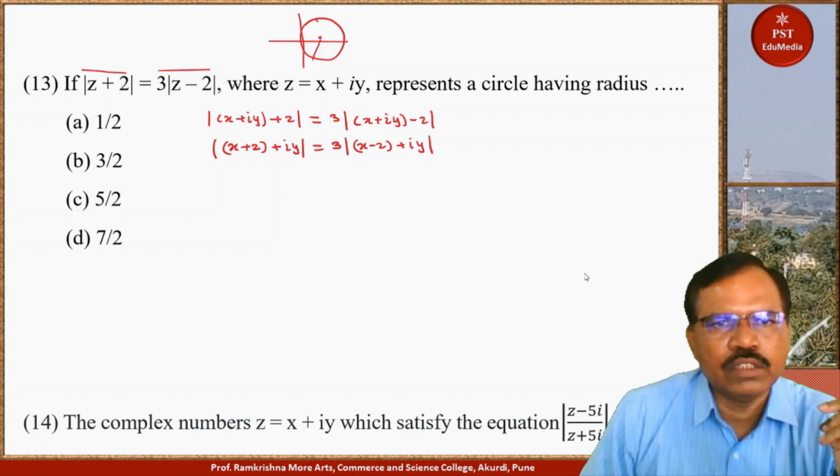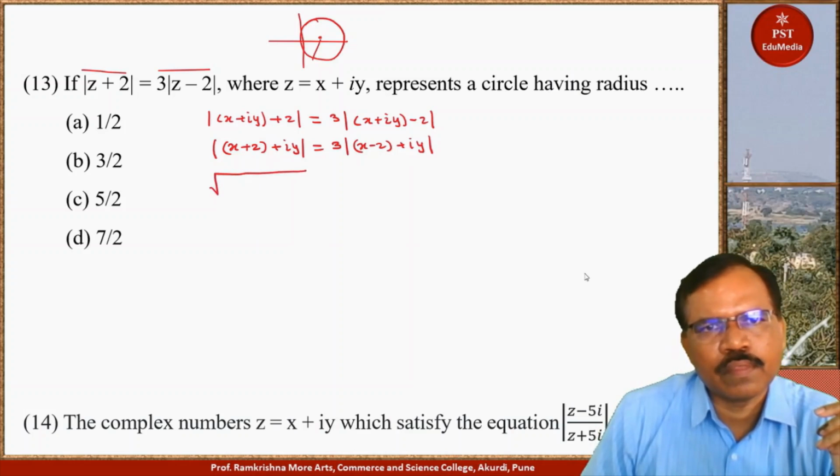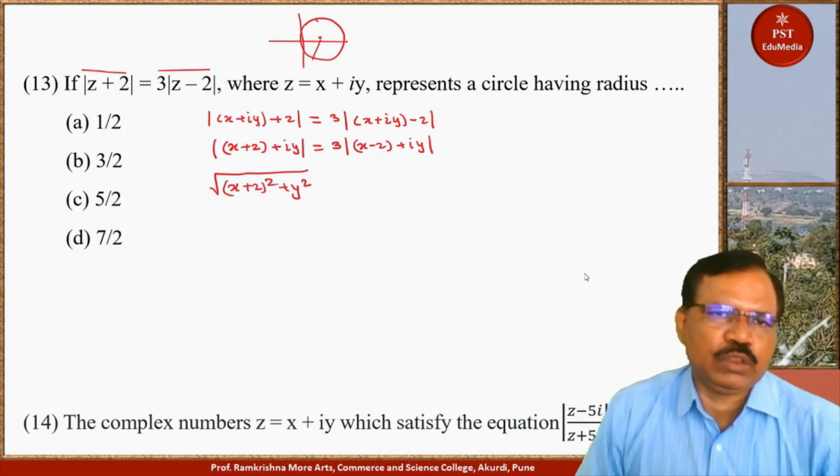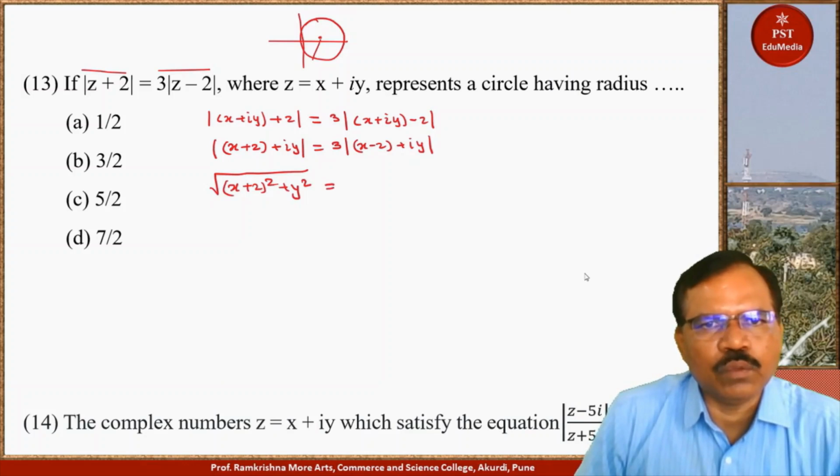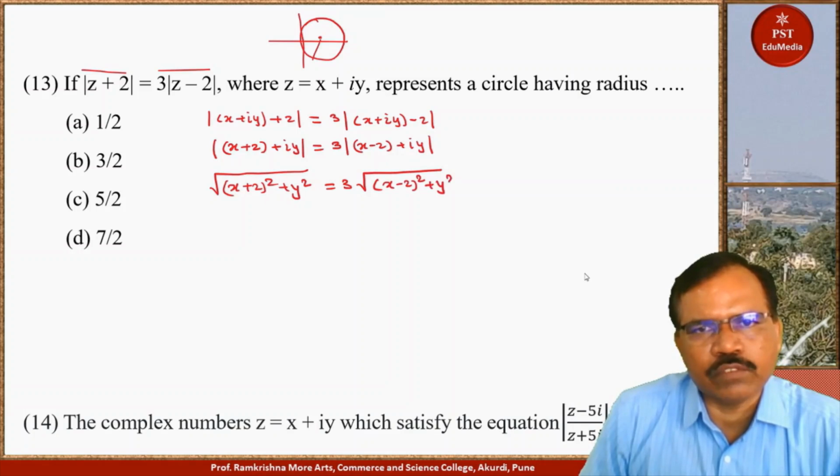So you will get here square root of x plus 2 square plus y square, because here real part is x plus 2, is equal to 3 into square root of x minus 2 square plus y square.